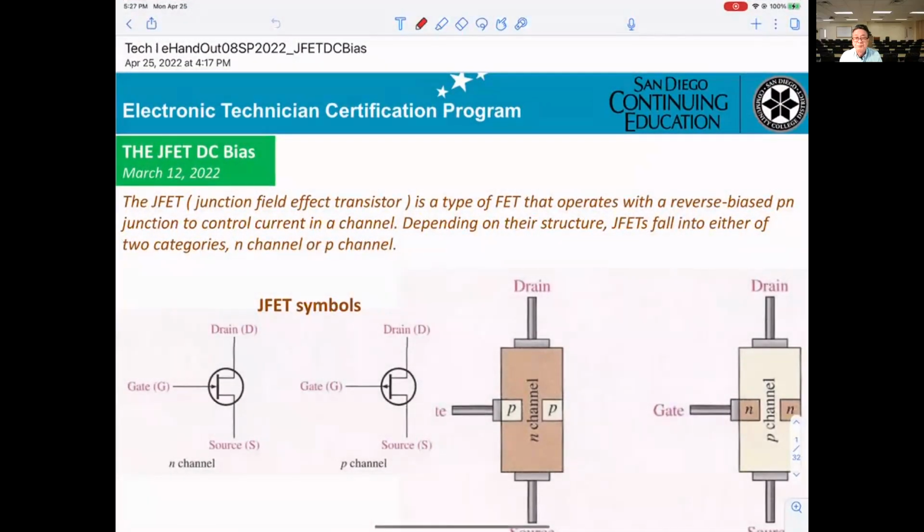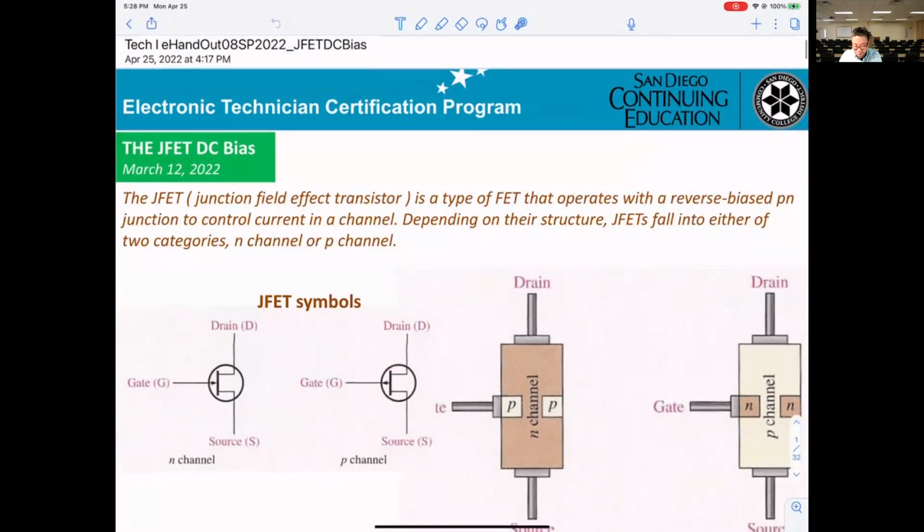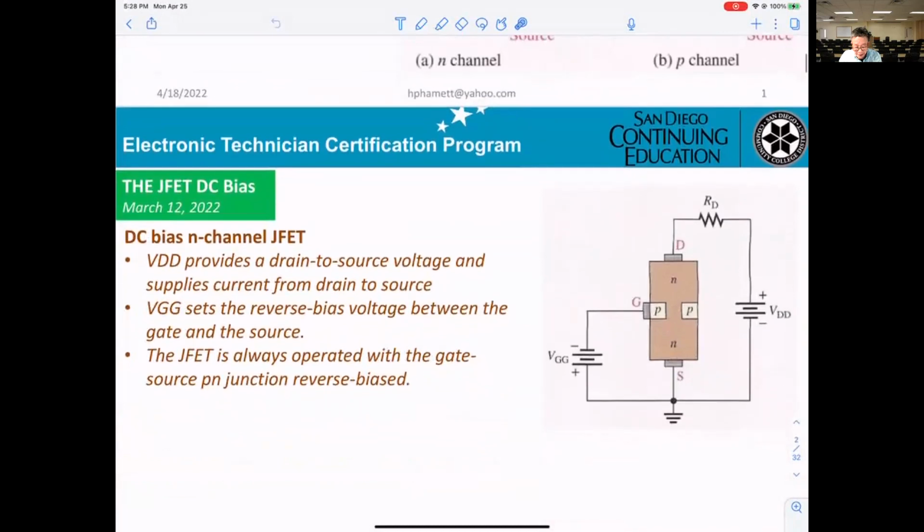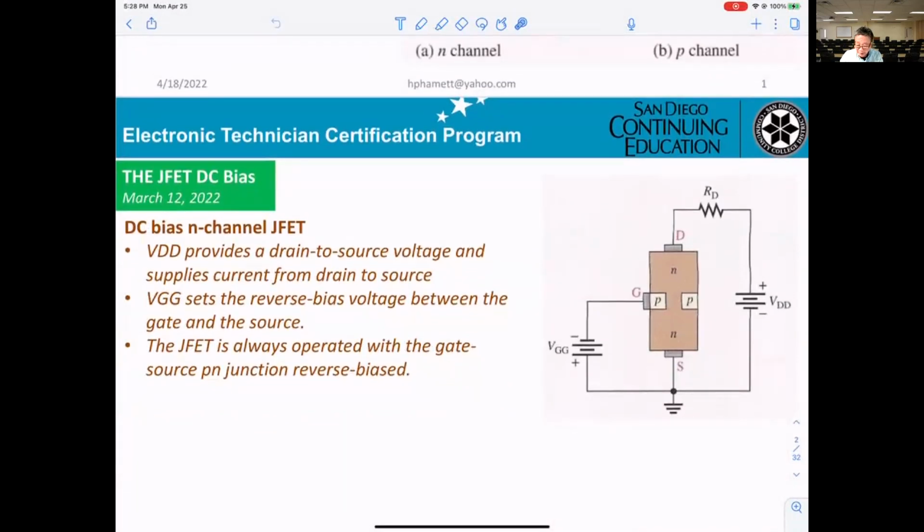Okay, last time we already did part of the JFET. When you're looking at the symbol of the JFET, you have to recognize whether it is the N channel or the P channel. Basically it depends on whether the arrow is pointing in or pointing out. And this is for N channel.